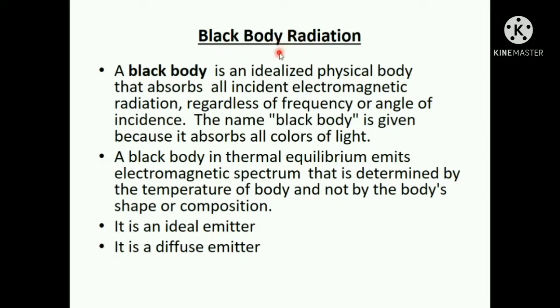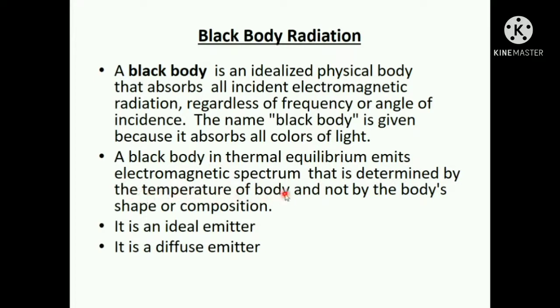As we will be measuring the black body radiation, let us first see what a black body is. A black body is an idealized physical body that absorbs all the incident radiation regardless of frequency and angle of incidence. The name black body is given because it absorbs all the colors and reflects none.